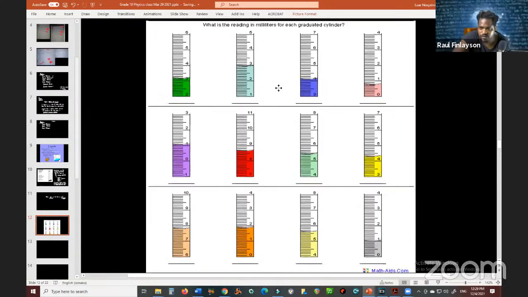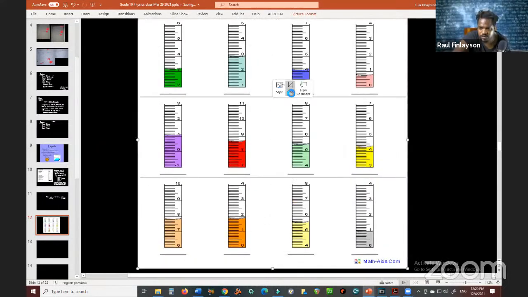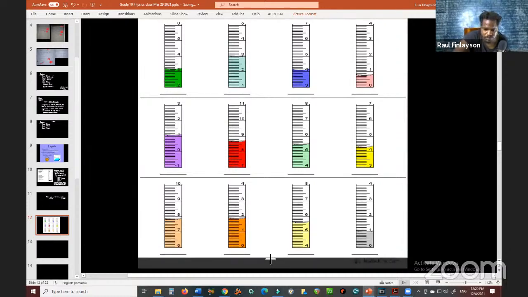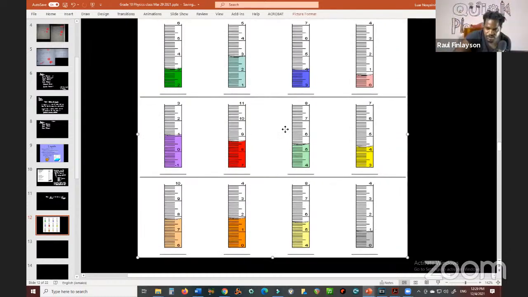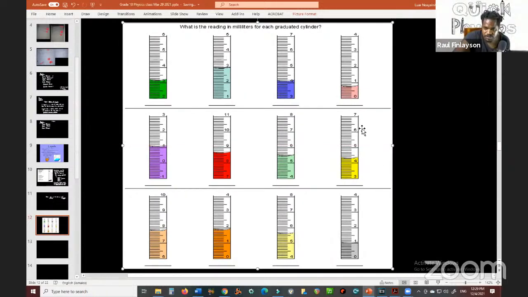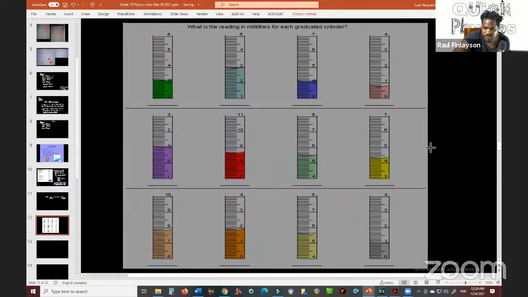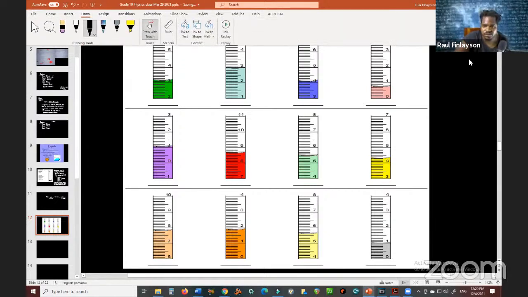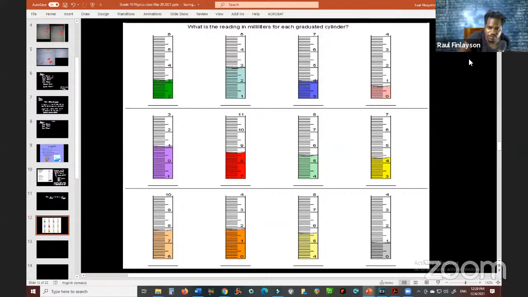Then some space here. All right, guys. So now, for your activity, you're going to tell me the measurements that you're seeing here for each of them. There are actually 12 of them. If we start numbering, the aim of this is to tell me what is the volume of each of them.